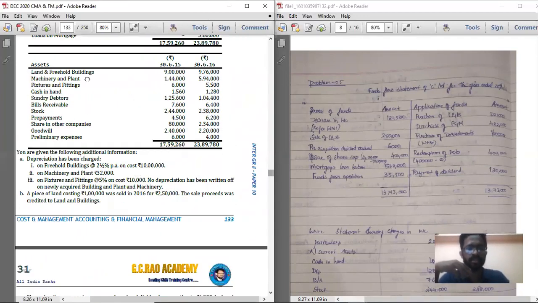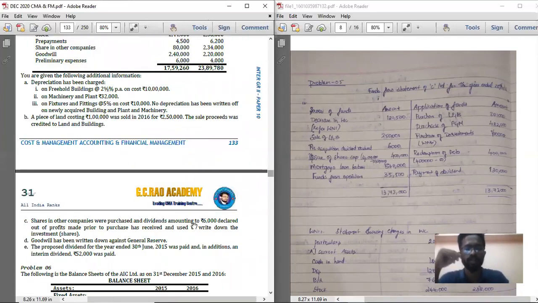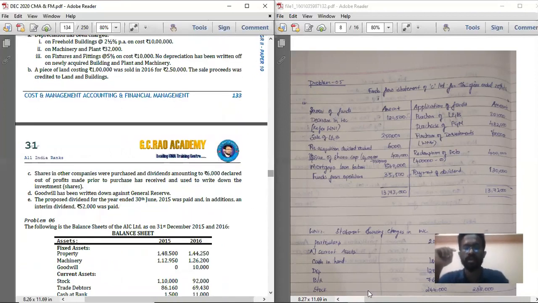C Limited purchased some shares from some other company. For that, dividend has been received at 6,000, but the dividend belongs to the pre-acquisition period. That is, prior to acquisition of such shares, the dividend is proposed but issued after the acquisition of shares. So that is nothing but pre-acquisition dividend received 6,000, which is nothing but a source of funds. It is not taken to the P&L account. It should be directly taken to the investment and deducted from the investment value.